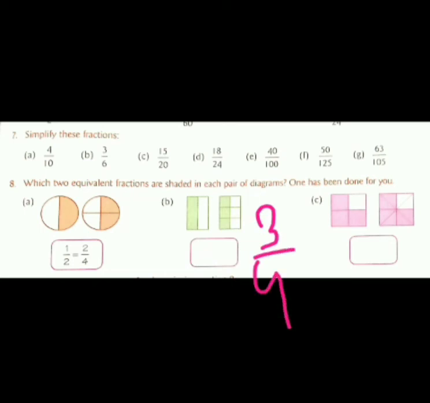And here how many parts are shaded? How many parts are given? Just count it: 1, 2, 3, 4, 5, 6, 7 and 8. Out of 8 parts, 6 parts are shaded. So 6 by 8. 3 by 4 equal to 6 by 8. Like this you have to write.